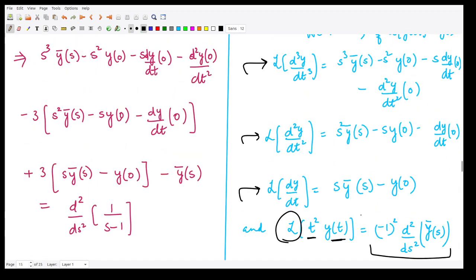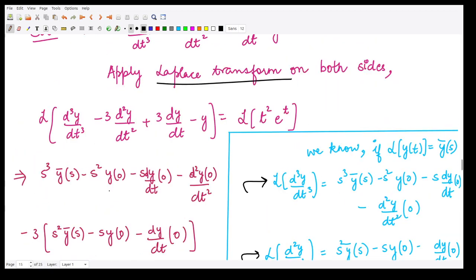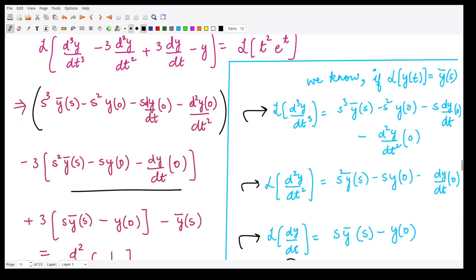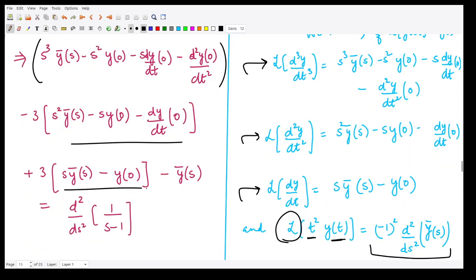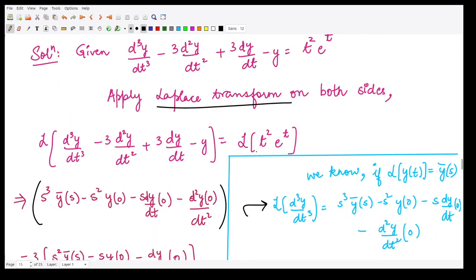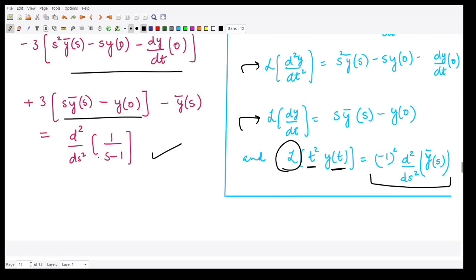So we'll use all these formulas so that the Laplace transform of the first term is this one, the Laplace transform of the second term is this, for the third term it is this, and on the right hand side t square e to the power t would be the second derivative with respect to s of the function 1 divided by s minus 1.